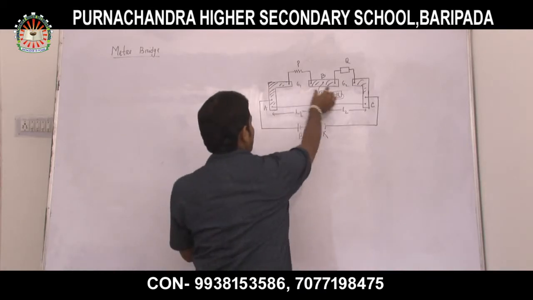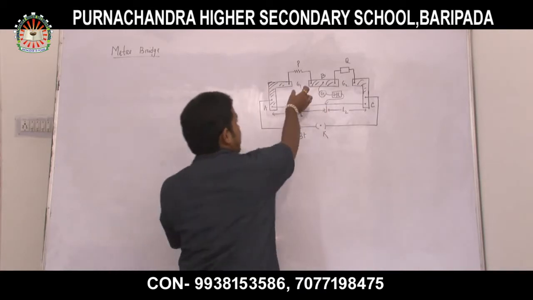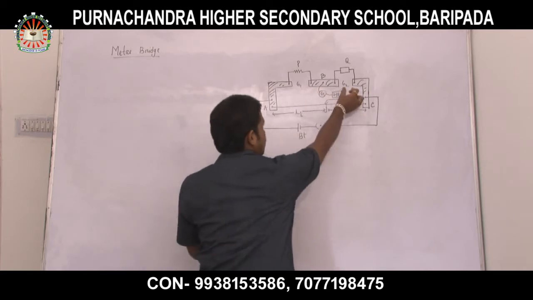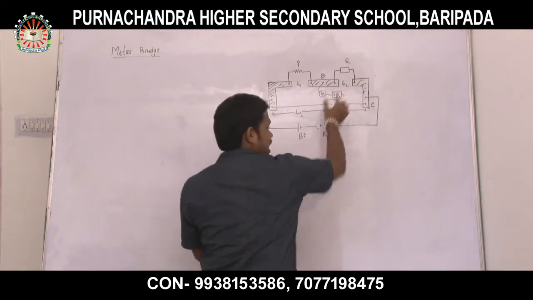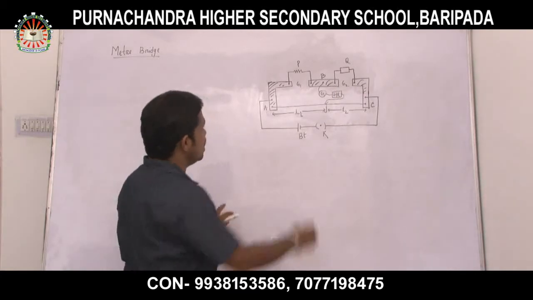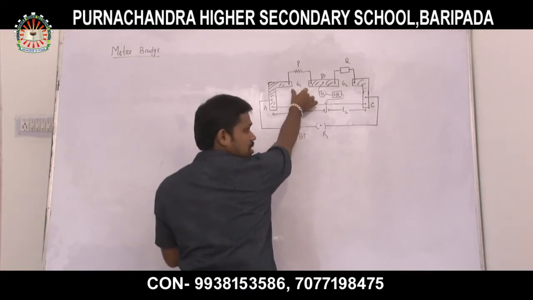These copper strips are arranged in such a way that there is a gap between them, the gap G1 and the gap G2. Clear? Listen very carefully.